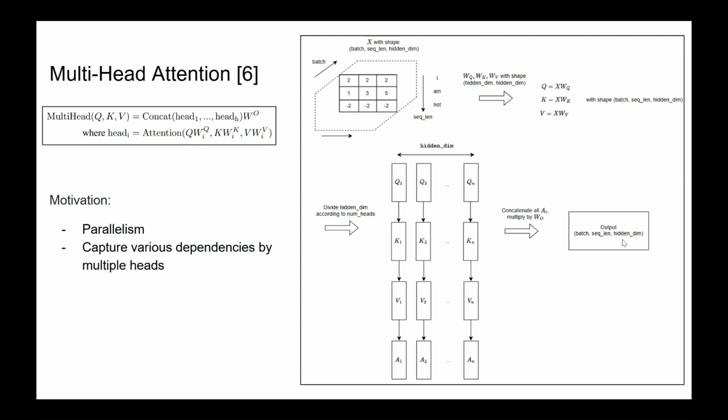So why would we do that? The first reason is parallelism: each of the heads can be processed independently. But more importantly, it is to capture various dependencies with multiple heads. For example, suppose this head has each of the tokens corresponding to one kind of similarity, and the other head finds a different similarity score.